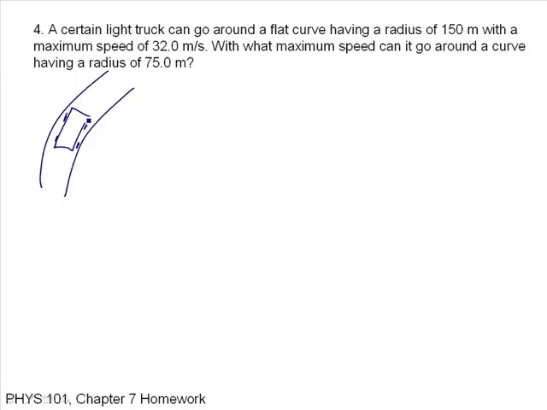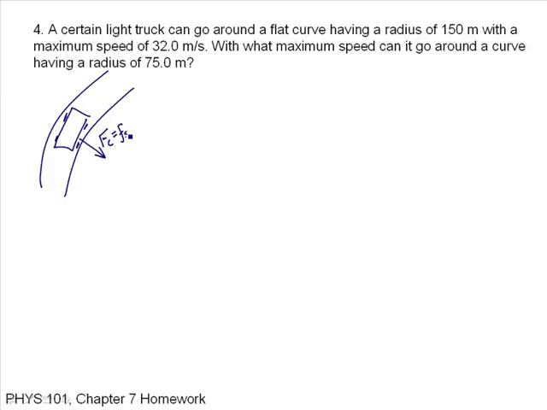So that static frictional force provides the force that keeps the truck on the road and actually causes it to go in this circular path. So that static frictional force then is the centripetal force. It acts towards the center, and it is provided by the static frictional force.